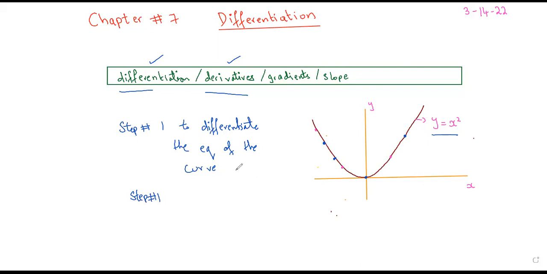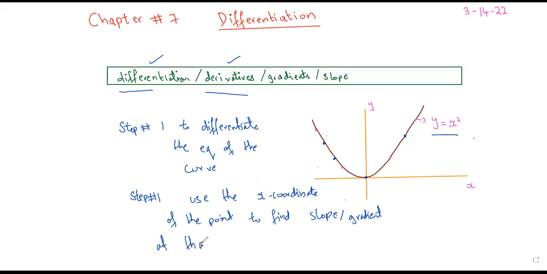So you are going to use the x coordinate of the point to find the slope, the gradient, at that point.